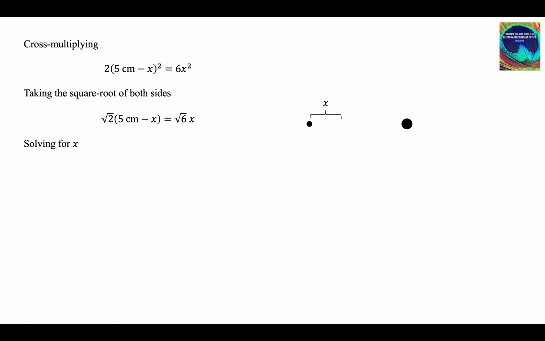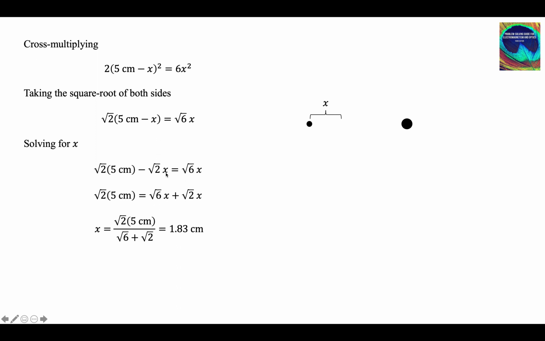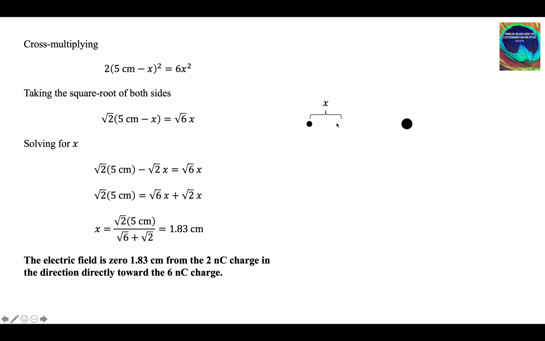And now we can distribute the square root of 2 in there. We can put the square root of 2 times x on the other side. And we can factor out the x, divide by square root of 6 plus the square root of 2, and get the distance, 1.8 centimeters. So the electric field is 0, 1.8 centimeters away from the 2 nanocoulomb charge in the direction directly toward the 6 nanocoulomb charge. And that's the answer to the problem.